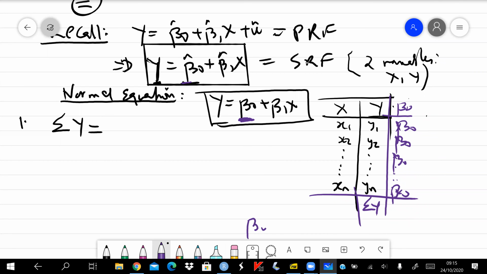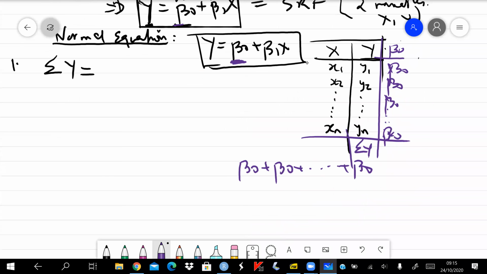I'll be having beta naught plus all the way to plus beta naught. And how many values are these? The number of beta naughts is equal to the length of the data, so I'll have the first one, the second one, all the way to the nth one. If I sum them up, I'll end up with n beta naught.